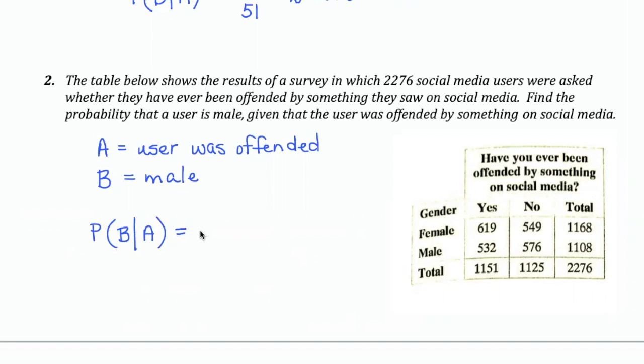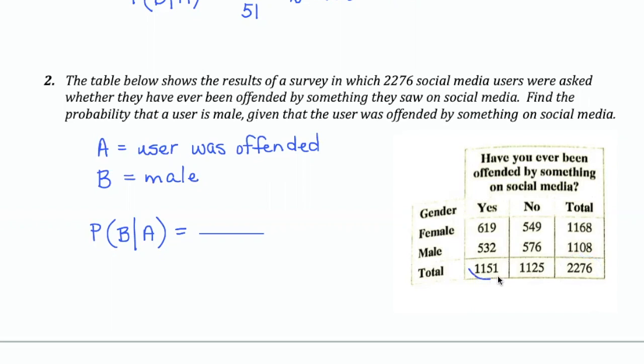In order to do that, you need to know, first of all, how many people were offended. If you look at this table, we have a yes, a no, and a total. For my denominator, I'm not going to use the total number because that represents both those who were offended and those who were not. With a conditional probability, I assume that I got a yes response.